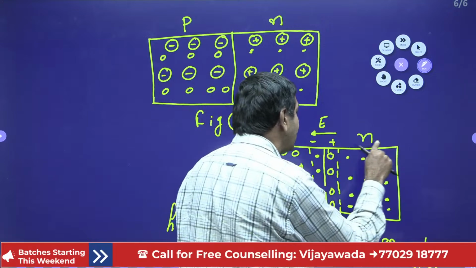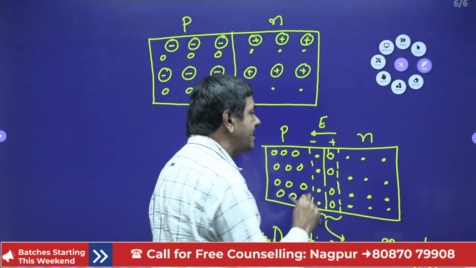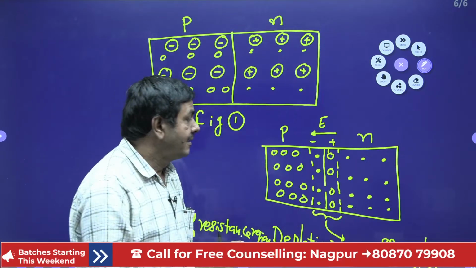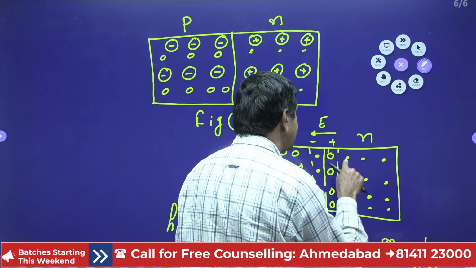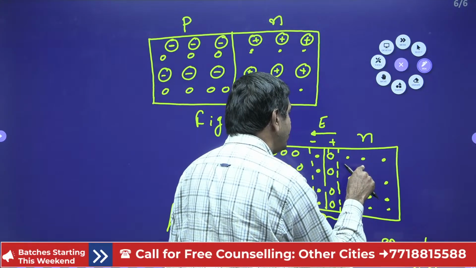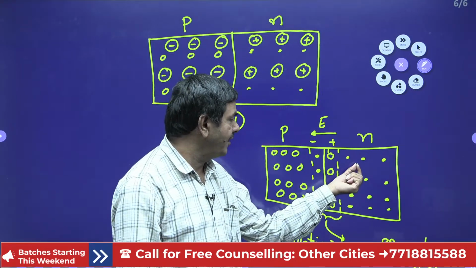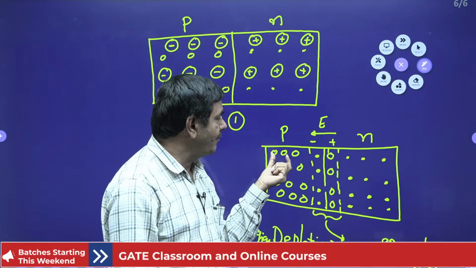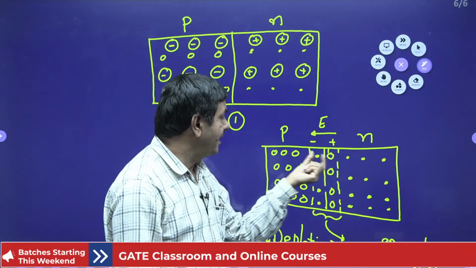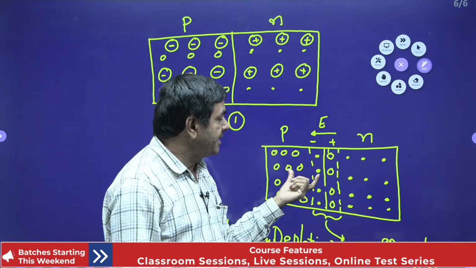This side, the n-type material, catch my point, what does it contain? On this side we find minority carriers: holes. This side the hole concentration we find. On the other side, the minority carriers are electrons.